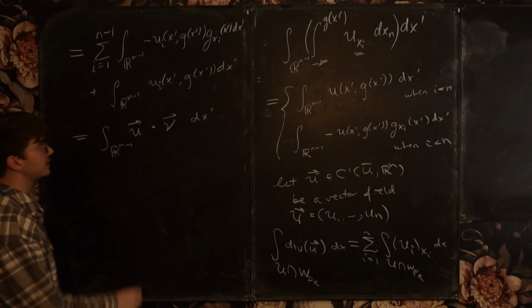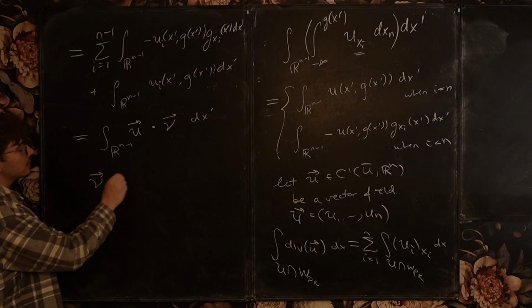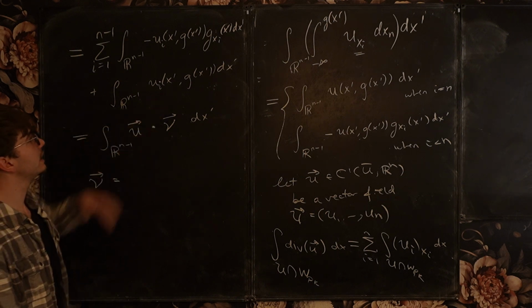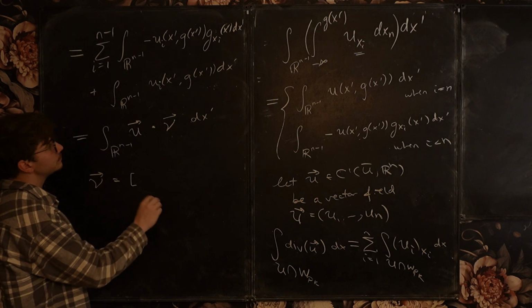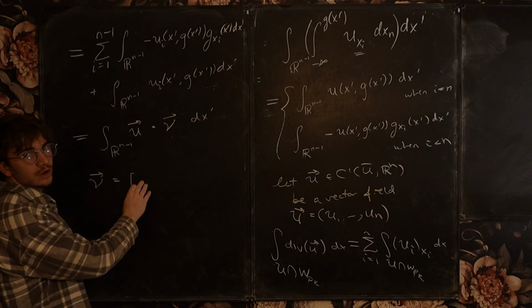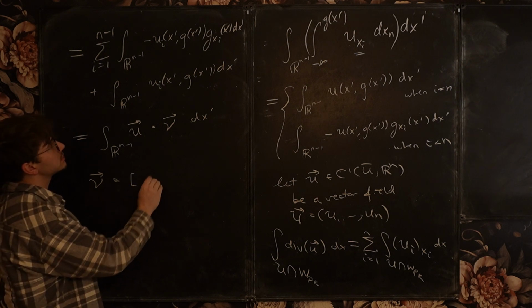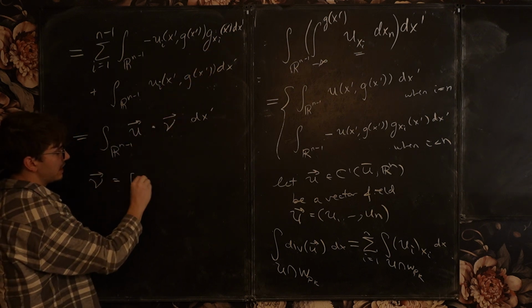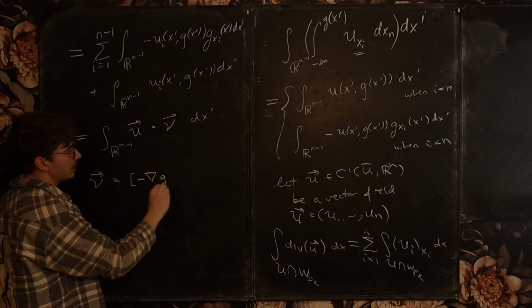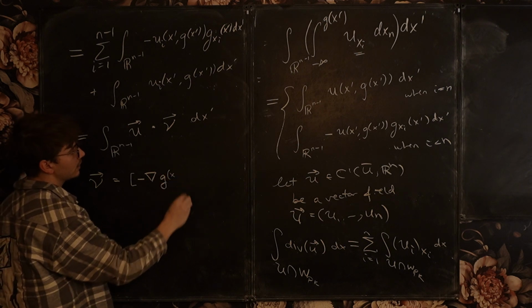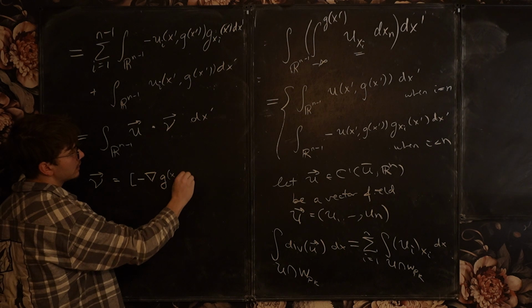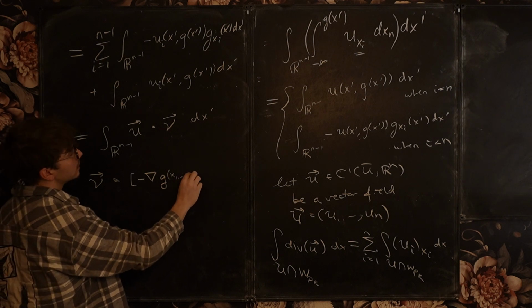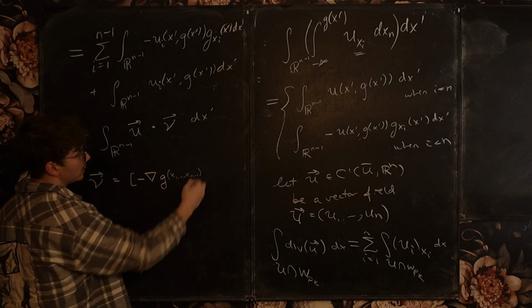Now, what is the vector v that we're dotting with? Well, v, we can see here, is the vector whose first n minus 1 components are the negative partial derivatives of g with respect to x_i. So that's just negative grad g of x1 through x_{n-1} here.